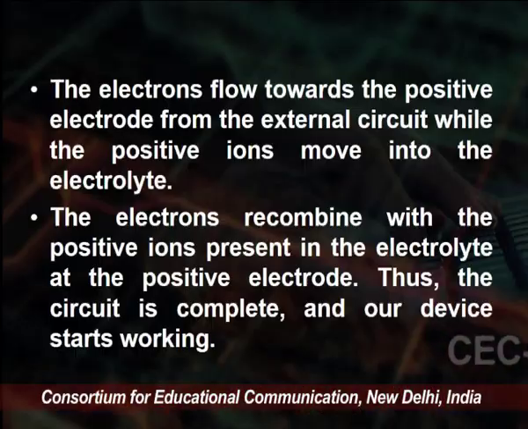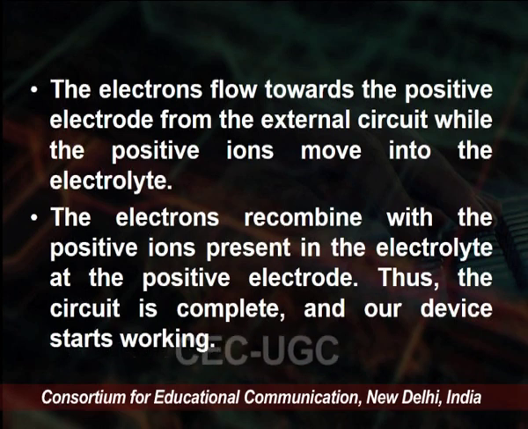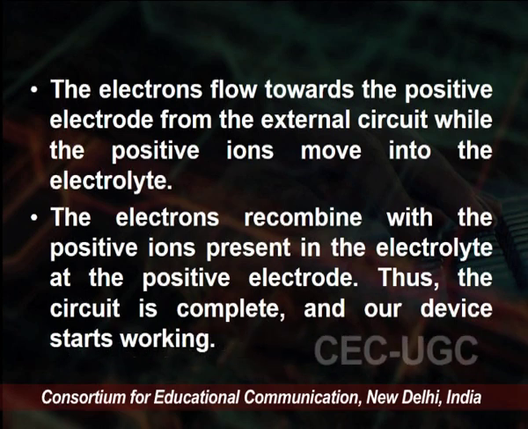Due to these reactions, positive ions and electrons are generated near the negative electrode. The electrons flow towards the positive electrode through the external circuit, while the positive ions move into the electrolyte.